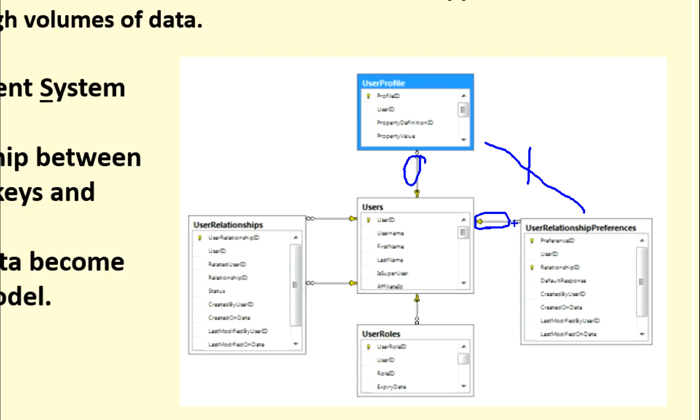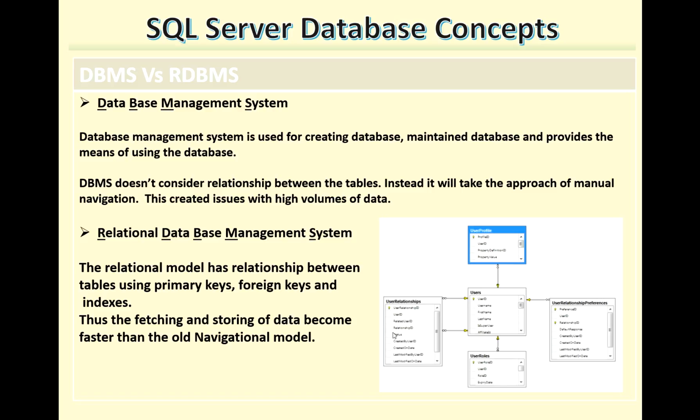So that is a relational database management system. In a relational database management system, the tables are logically related, and you use the logical relationships to show the relationship between the tables. In this case, these are primary key and foreign key relationships. We will talk about those later, but they are related. So that is what you call a relational database management system.